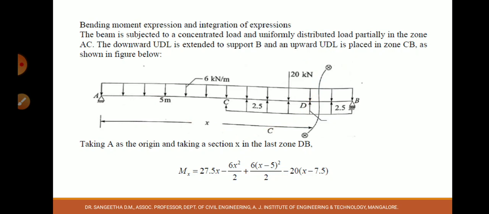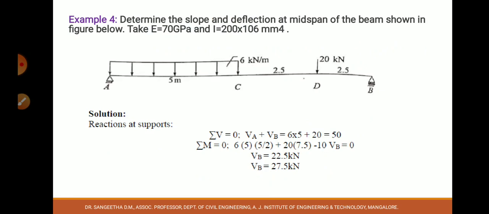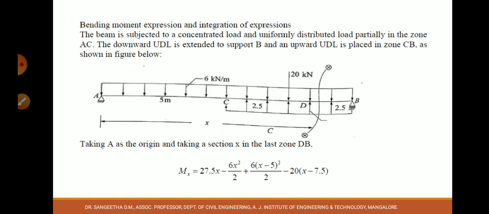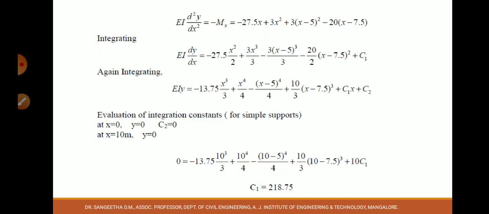Okay, so anti-clockwise 6x square by 2, and this is making clockwise 6 into (x minus 5) whole square by 2, where x is the distance up to the section, and for 20, minus 20 into (x minus 5), 2.5, 7.5, (x minus 7.5). Once you know the M equation, next the problem is very simple.